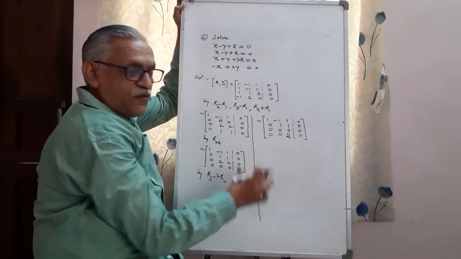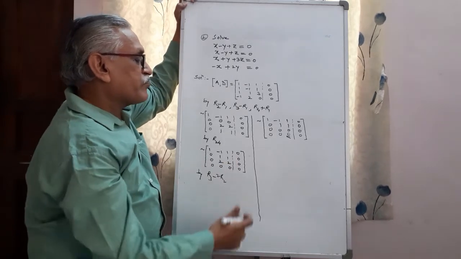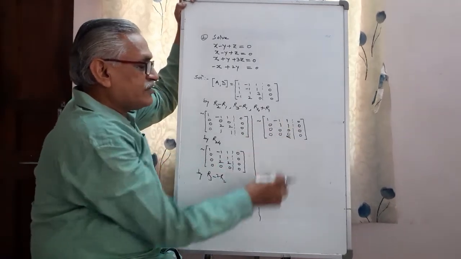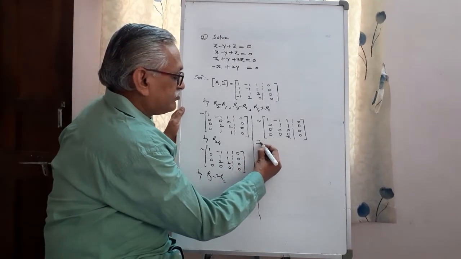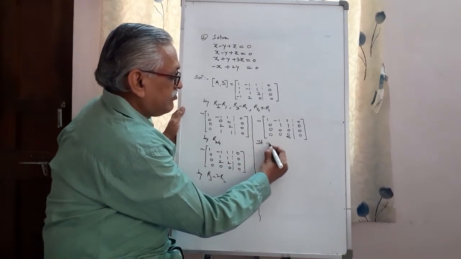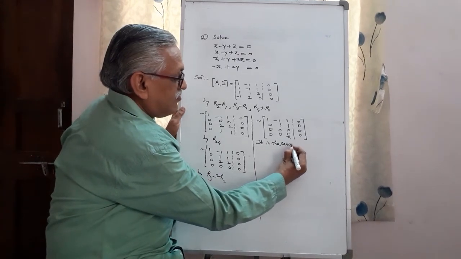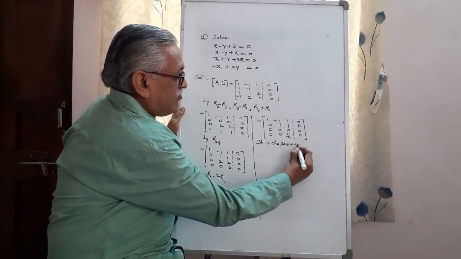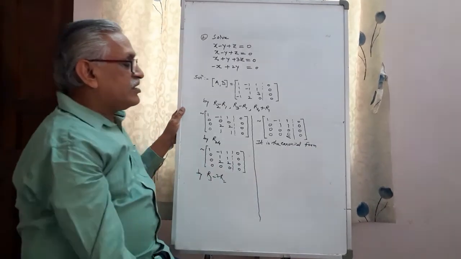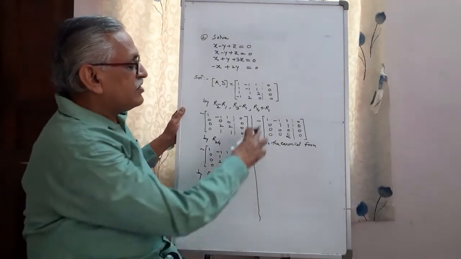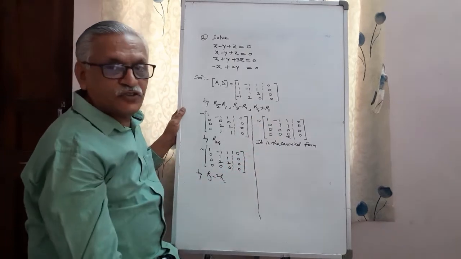Therefore, we stop the calculation here, and whatever last matrix we are getting is the canonical form, where all the diagonal elements are non-zero and the lower elements are 0.